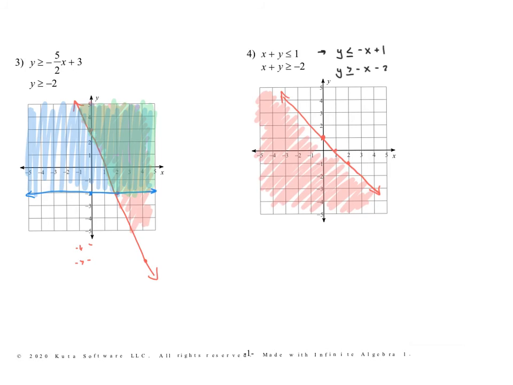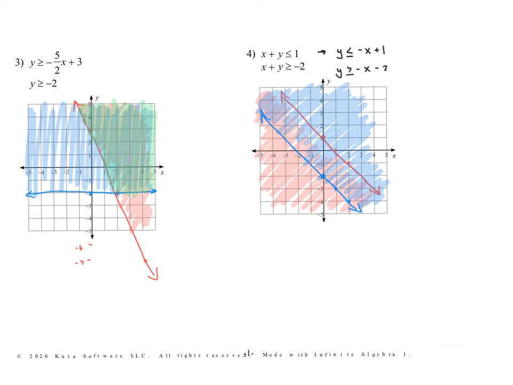Then negative 2, and again, a negative 1 slope, so down 1 over 1. This time, y is greater than or equal to. So I have my solid line still. And then I'm going to shade above the whole blue line.